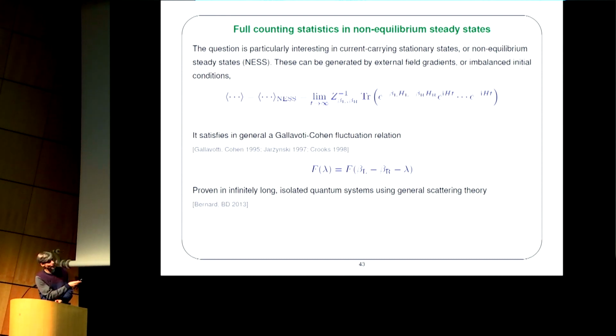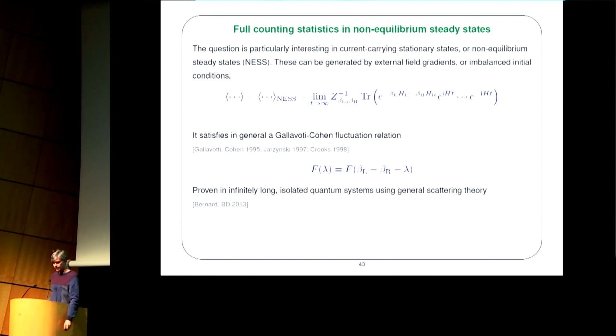I don't remember what the right name exactly is, but it's a symmetry relation for the function f of lambda, which gives a lot of non-trivial relations between the cumulants, some kind of non-equilibrium fluctuation relation. And that formula is supposedly extremely general, not just in free fermion, but in many different many-body systems, supposedly. So it's an interesting quantity to look at.